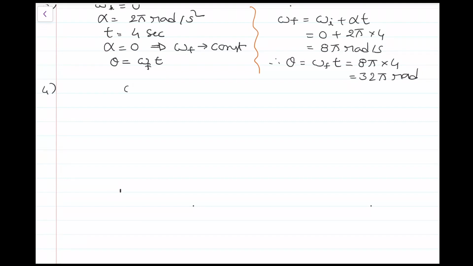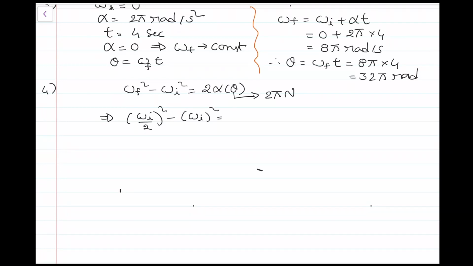So, directly I am going to take omega final square minus omega initial square is equal to 2 alpha theta, where angular displacement theta after n rotations is equal to 2 pi n. According to the data, omega final is equal to omega initial by 2.